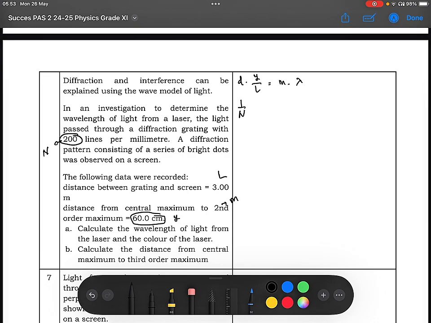This is N, Y per L, M lambda. This one we substitute 1 per 200 lines per millimeter.